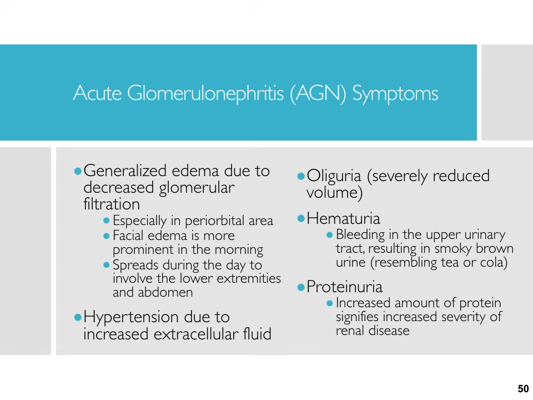And they have proteinuria, which means there's increased amounts of protein, and that signifies an increase in the severity of the renal disease. So now instead of keeping protein in the intravascular space, it's now crossing over those tissues in the kidney, and it's coming out in the urine.